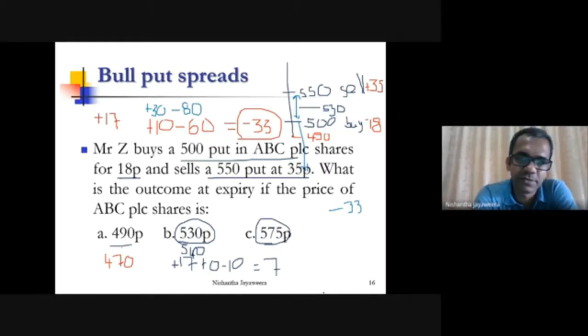What would be the action of the option buyer at 550?